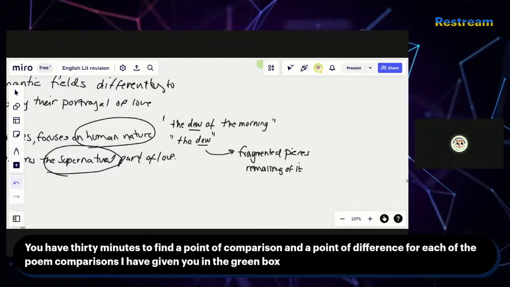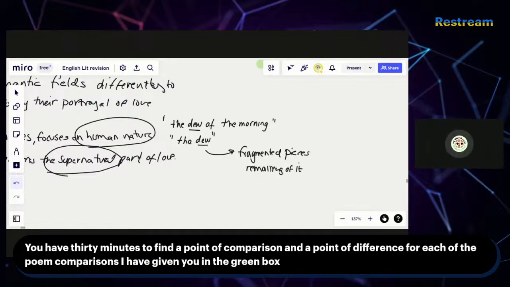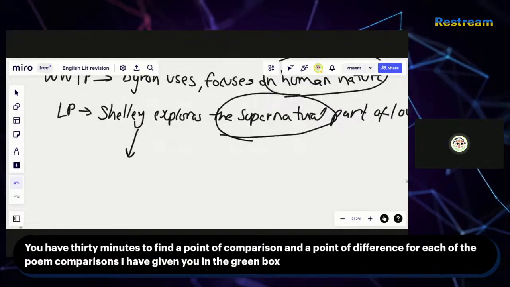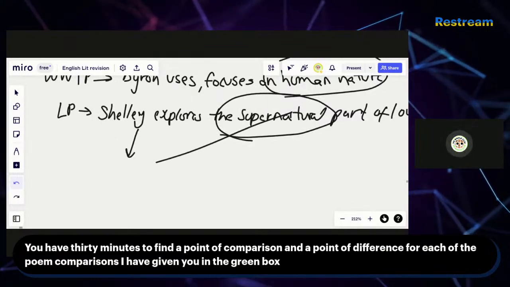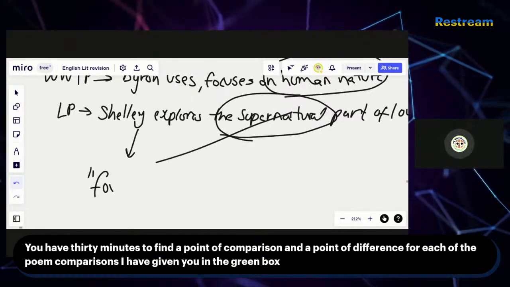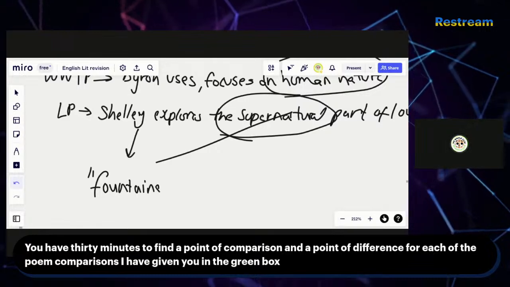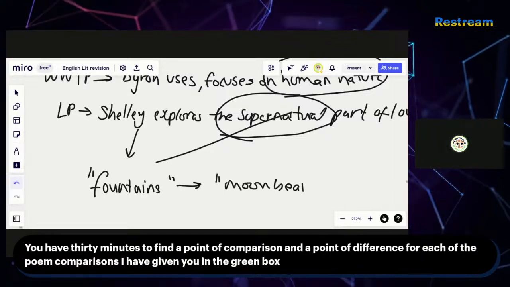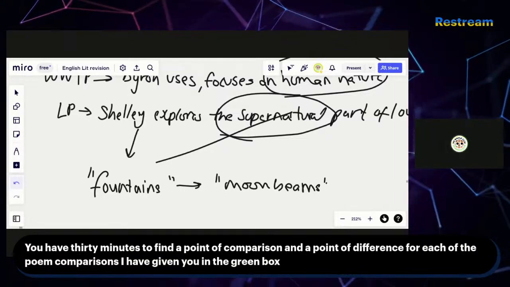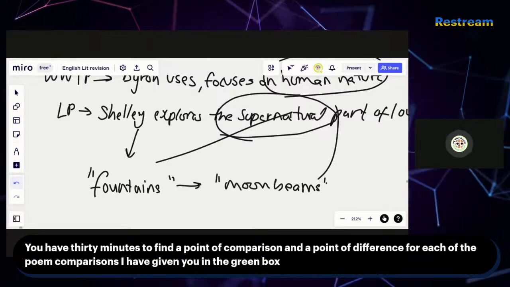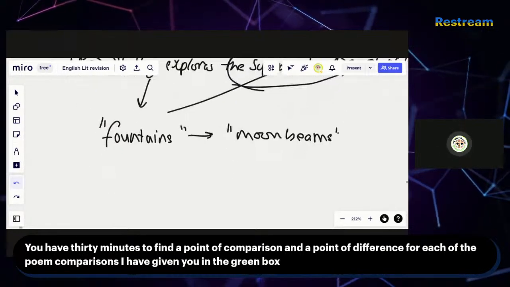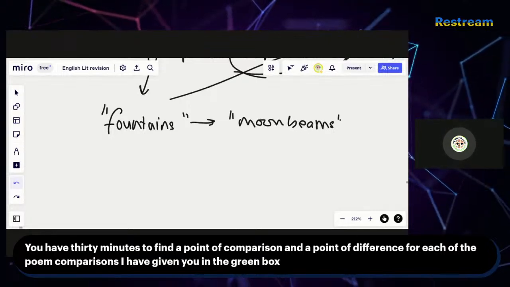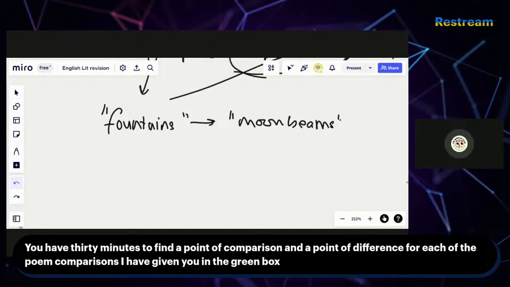So we see there's a juxtaposition in stanza 1 to stanza 2. In Love's Philosophy, we see from fountains to moonbeams. This more fantastical depiction of love has much grander supernatural imagery instead of earth-like imagery through this personification.